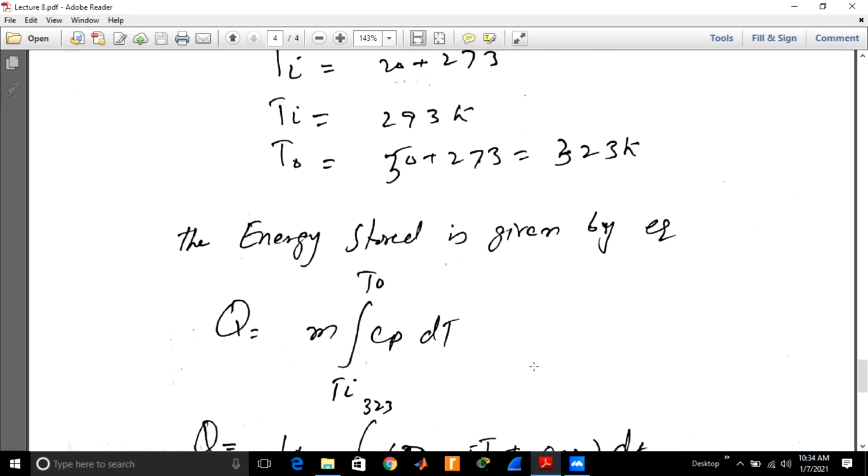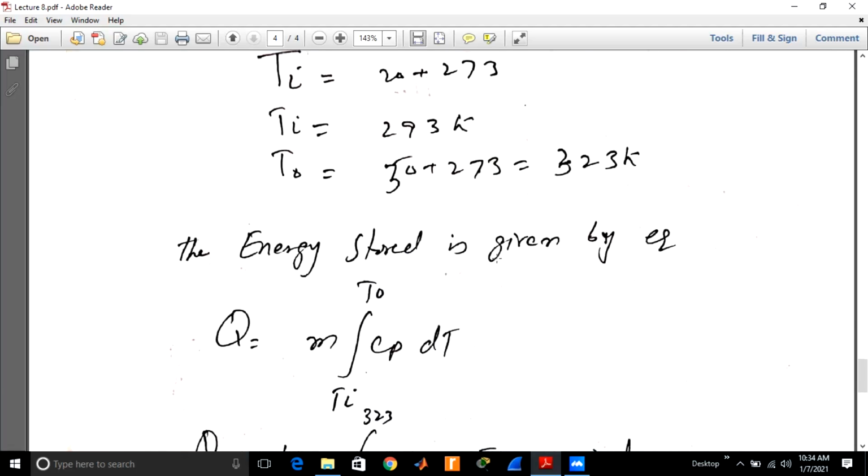Now you know that we studied the equation here, that the useful heat equation is m c_p T, but in this case this T varies.